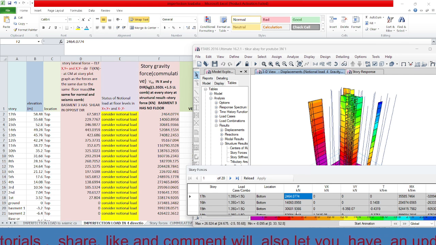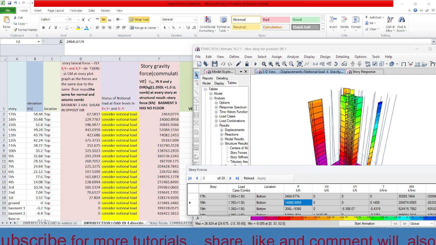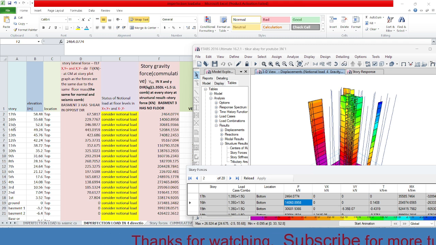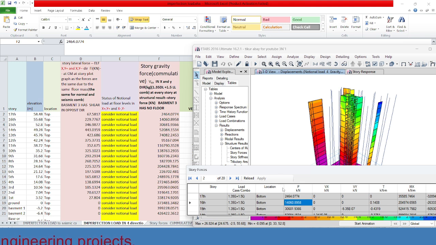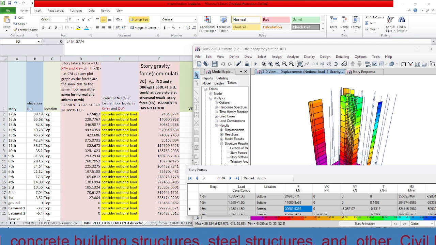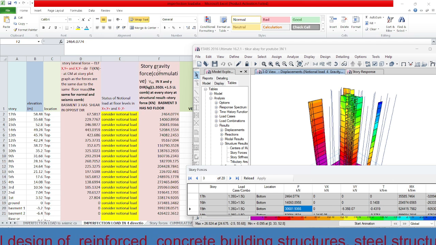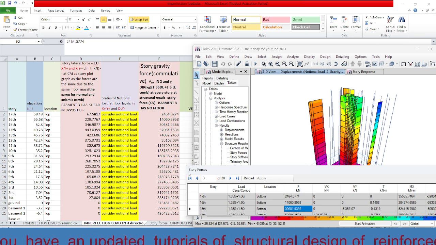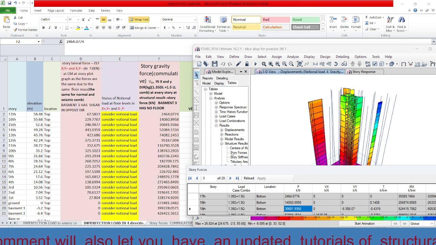Okay, 24, 64, 24, 64, 40, 0, 60, 40, 0, 60, for 16 story, for 15 story, that is 30,681, 30,081. So in a similar way, we can calculate the total story gravity force of every floor using ETABS 2016.